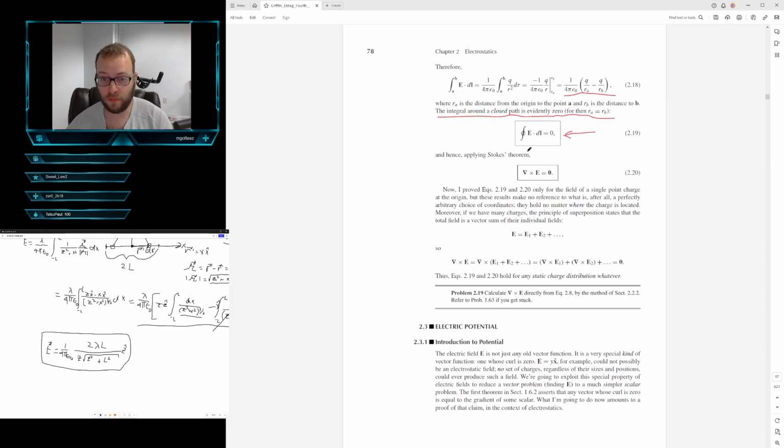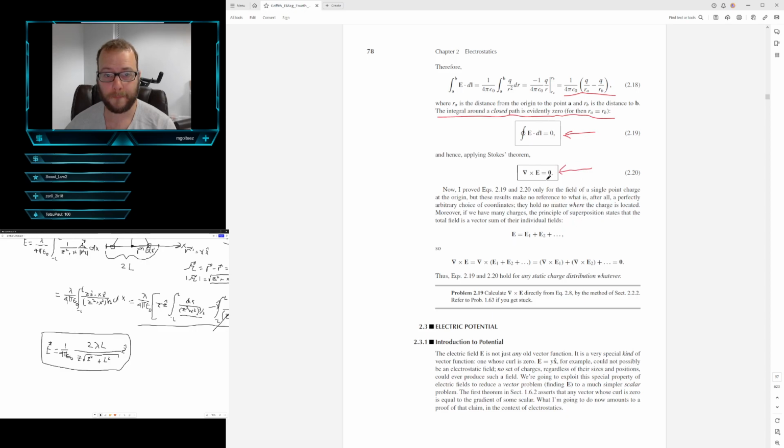Applying Stokes' theorem, converting a line integral into a surface integral, we can get this for any surface, and we see the differential form of the curl of E is equal to 0.